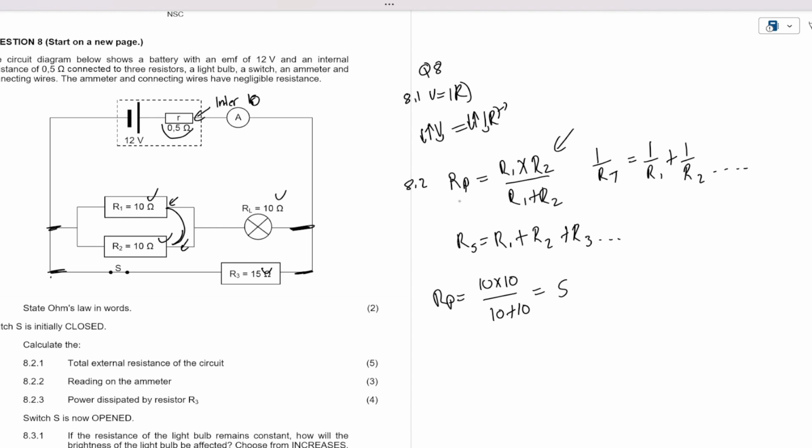This one is connected in series with this one. Because we have already calculated its total resistance, we must treat it as one resistor, which means here we are going to write 5 ohms for these two resistors connected in parallel.